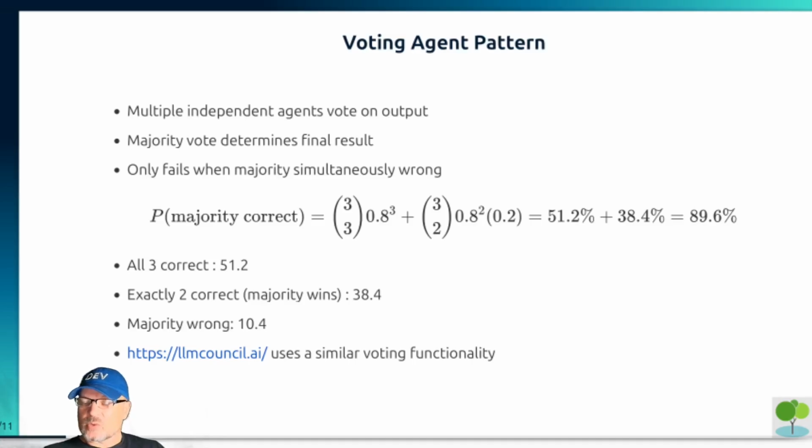When only two of the three are correct, we have a probability of about 38%. In total, as the numbers tell, we would get a probability of 90%, so only in 10% of the cases it would be wrong. LLM Council AI uses a similar voting functionality. It also has some weights, but I would not like to go into detail.